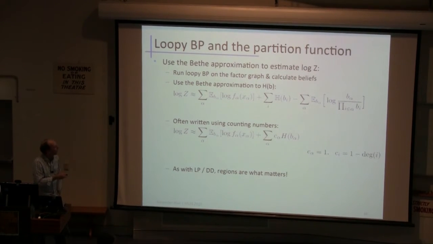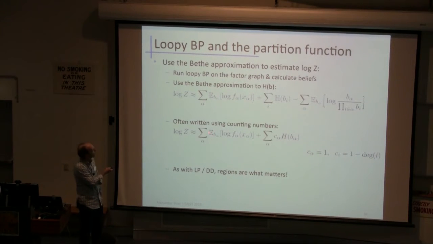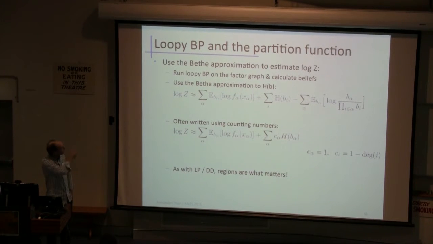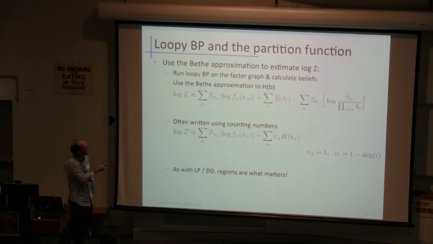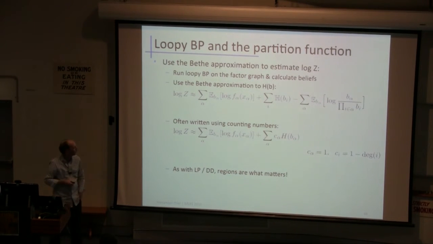So again, what you can see from this form is that just like in the linear programming and dual decomposition form, what actually matters are these regions that we're going to approximate with. So we're going to be computing beliefs or distributions over some cliques, alpha, and our expansion depends only on the expectation of our factors on those cliques and entropy terms that are also defined on those cliques.